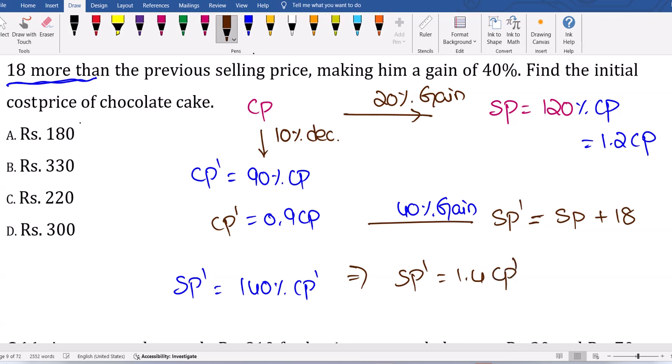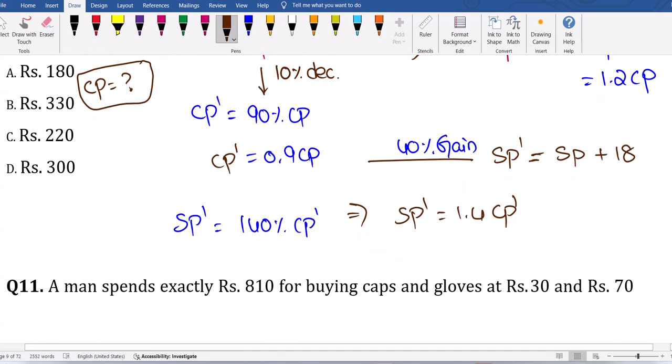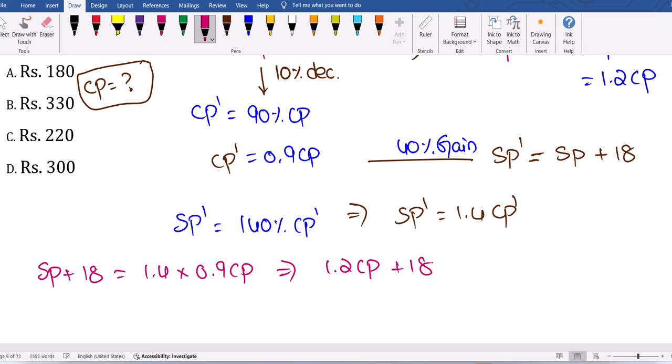You want to calculate the initial cost price, so I'm putting SP also in terms of CP, and CP dash also in terms of CP. How? SP dash is nothing but SP plus 18, equal to 1.4 times CP dash, which is 0.9 times CP. SP is 1.2 CP, so you put 1.2 CP plus 18 here.